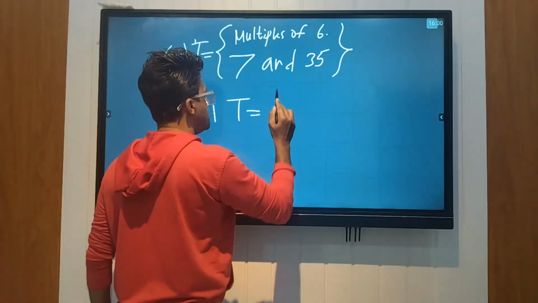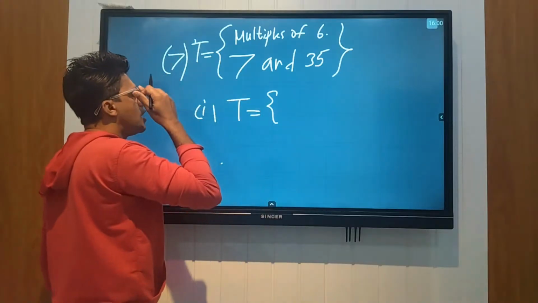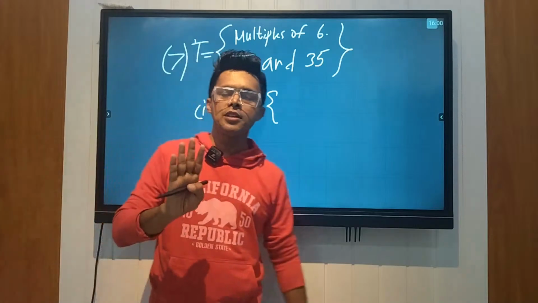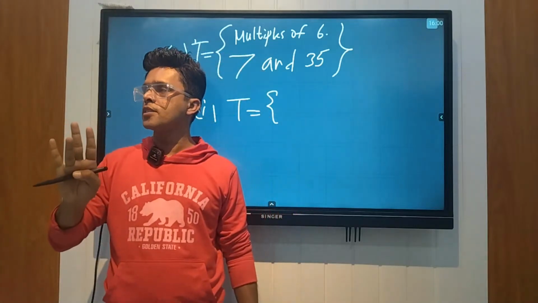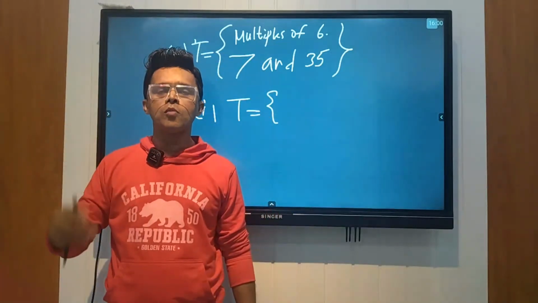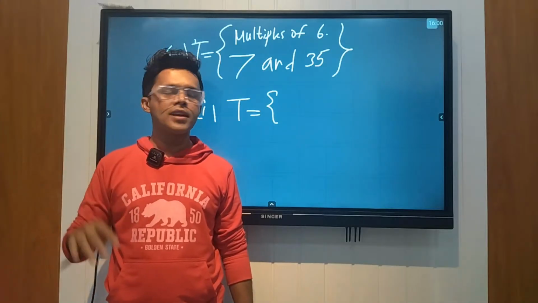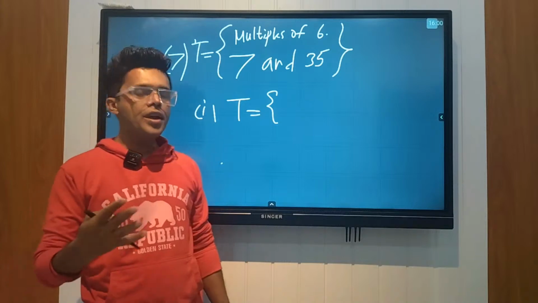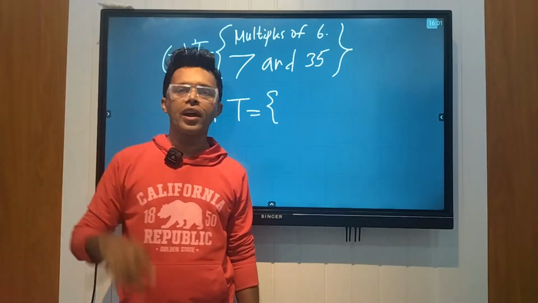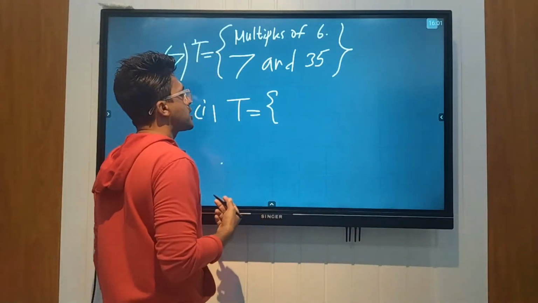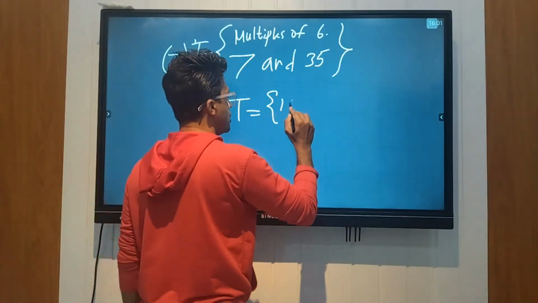What are the multiples of 6 between 7 and 35? First multiple, you know, is 6. The second multiple is 12. So 6, 12, 18, 24 and so on. Between 7 and 35, the first multiple after 7 is 12.